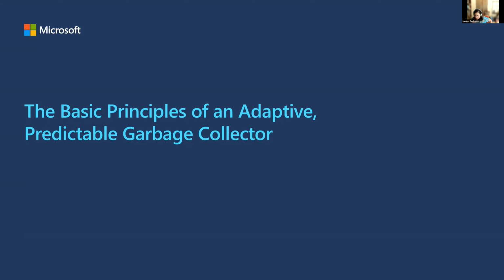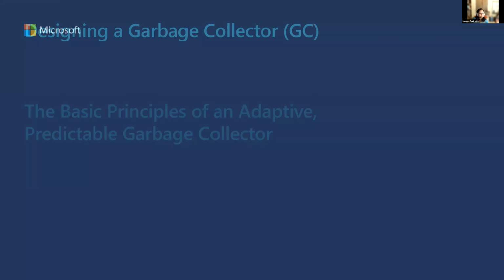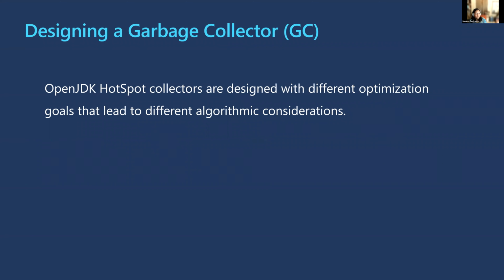So let's design an adaptive, predictable GC. Before we jump into the design, I wanted to talk about certain things that OpenJDK collectors decided from the very beginning. The collectors were designed with different optimizations in mind because they were trying to target different goals. There is the throughput collector, Parallel GC. There is the client collector, Serial GC.